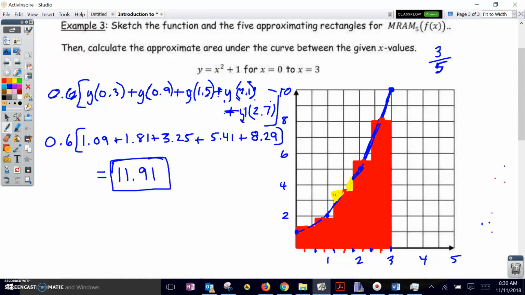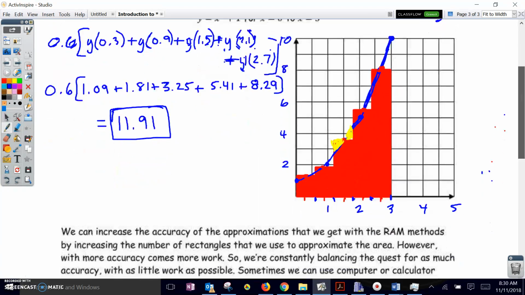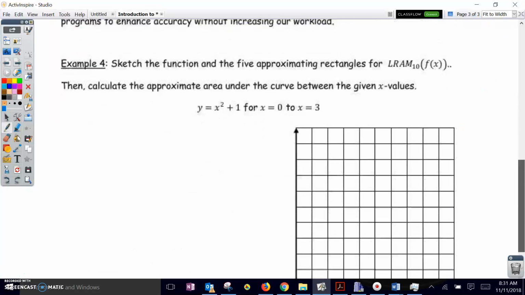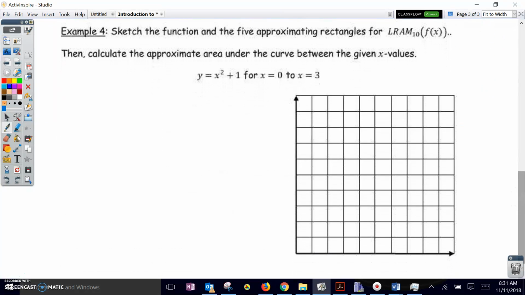Okay. Now something that we can do to increase our accuracy when we're using Riemann sums is put more rectangles underneath the curve. So for instance here I talk about using LRAM sub 10 on this same curve that we've been looking at the whole time. In general, using 10 rectangles to approximate the area under the curve is going to be better than using 5 rectangles.